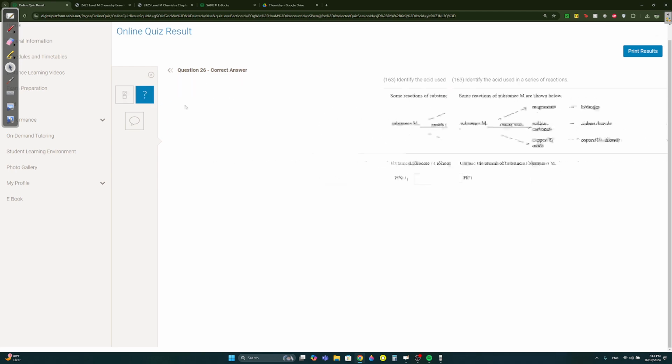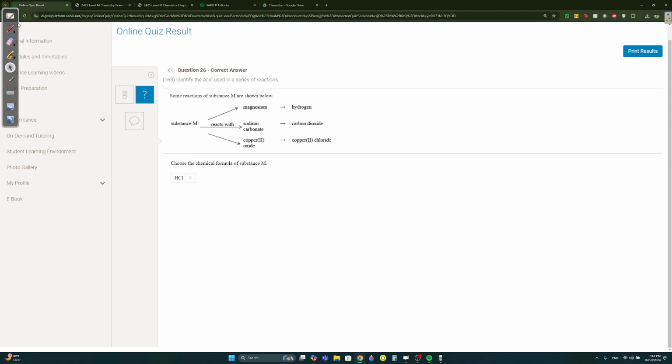For our last question of the day, before 7:15, what is the chemical formula? Substance M reacts with magnesium to give hydrogen, so it's reacting with a metal to give hydrogen gas. It reacts with a carbonate to give carbon dioxide gas, and with a metallic oxide to give a salt. So obviously this is an acid, because all of these reactions are acid plus metal, acid plus carbonate, acid plus metal oxide.